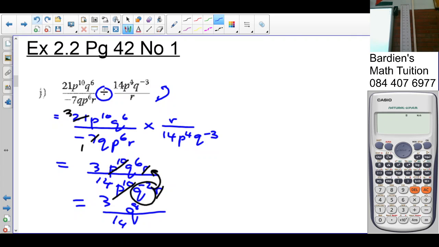Where did you go wrong? You got the answer. 14r. Negative, absolutely. My mistake, I didn't carry on that negative. You guys agree? Anything else?